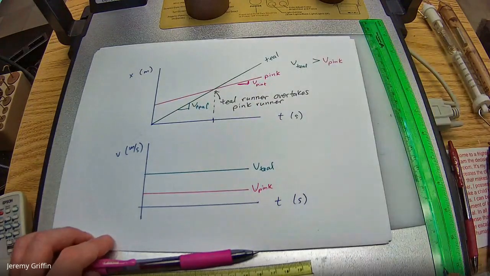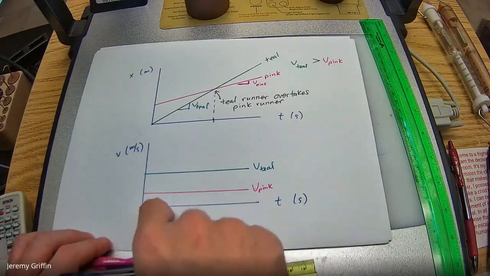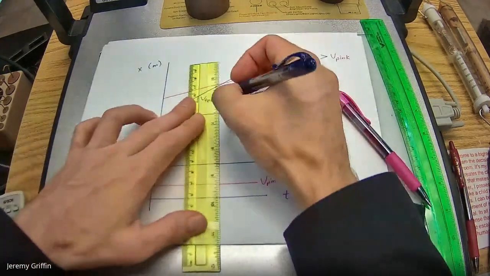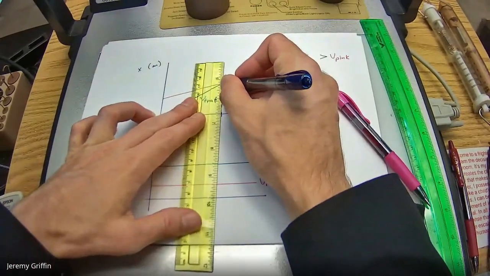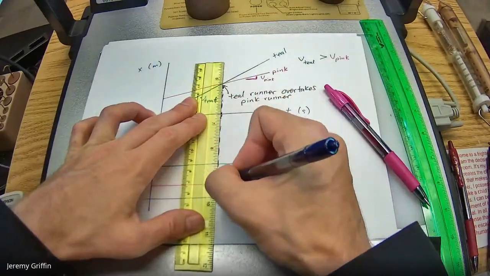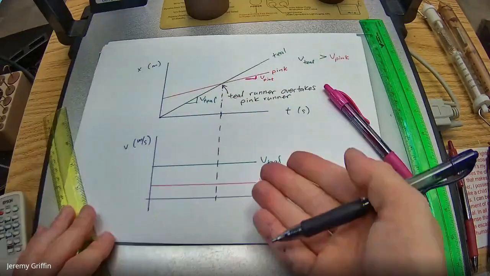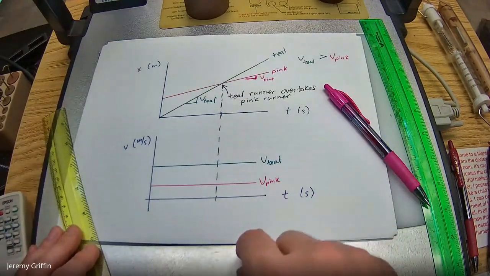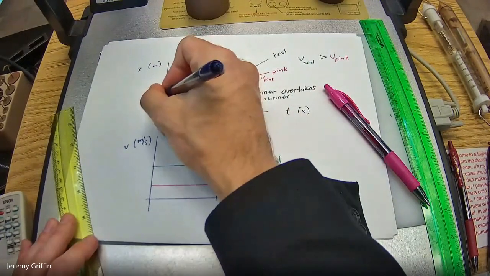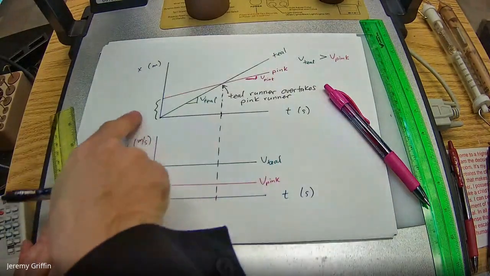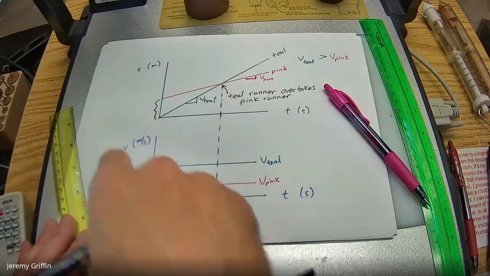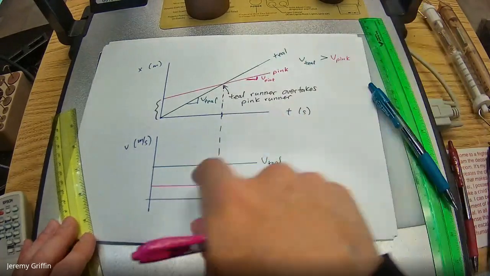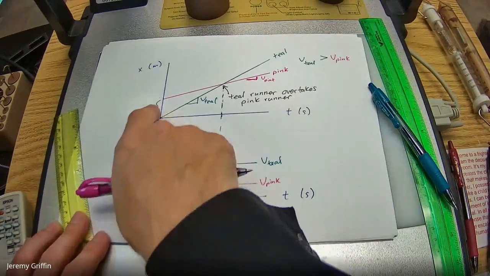Now, if you just looked at the velocity versus time graph, would you ever know where one runner passes the other runner? No, you'd have no idea, right? If you were just given this graph. Hey, what does this gap refer to? Who can interpret that physically?